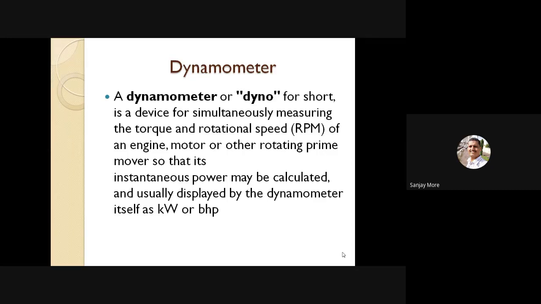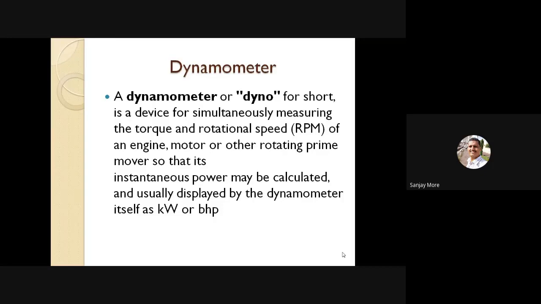Okay, so write down the definition of dynamometer. Definition of dynamometer: it is a device to measure the torque and rotational speed in bracket rpm of an engine, motor, or other rotating prime mover.